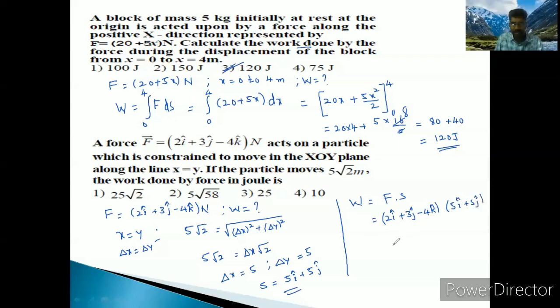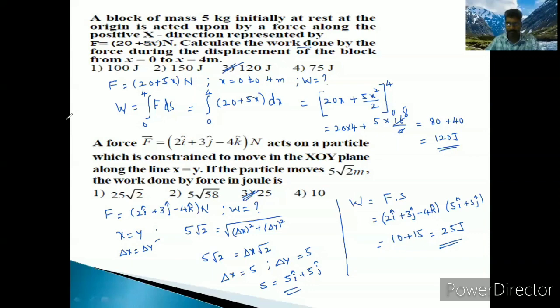From this we get 2 into 5, 10, plus 15, so 25 joules is the answer. So the third option is the correct one.